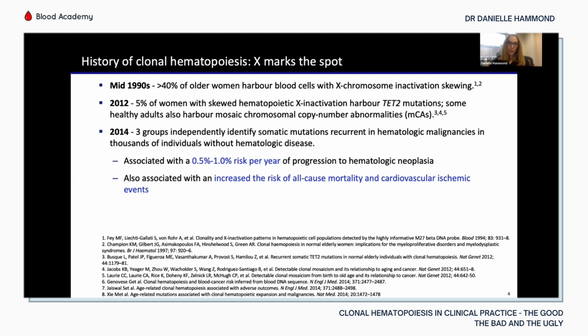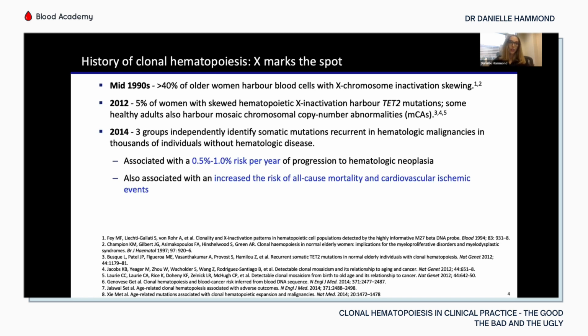Then in 2012, it was noted that older women with the same phenomenon, 5% of them actually harbored TET2 mutations, which is an epigenetic regulator recurrently mutated in both myeloid and lymphoid malignancies. In that same year, it was also noted that healthy adults harbor mosaic chromosomal copy number abnormalities, for example, trisomy 8.